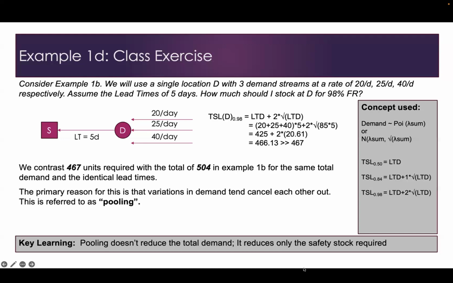Does that help you? Does that make sense? You can already see by pooling this demand, I have reduced the inventory by roughly about 8%, right? Does it help? Any questions? Deepak? No, this is good. Yeah, makes sense.